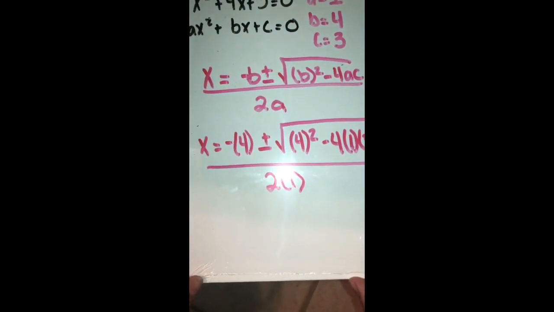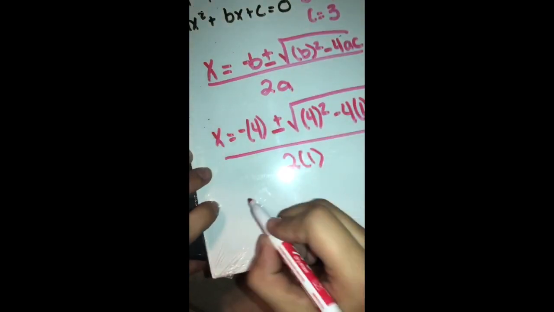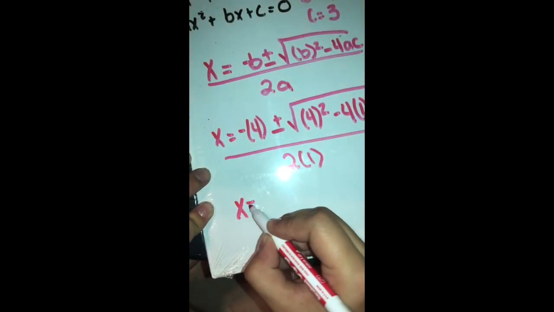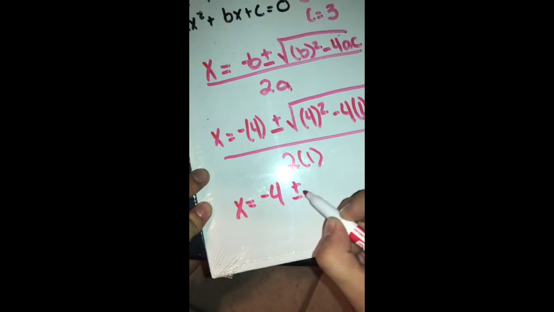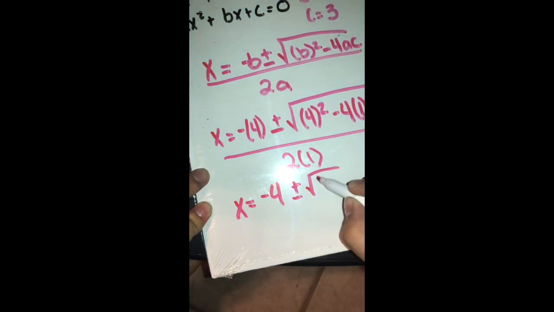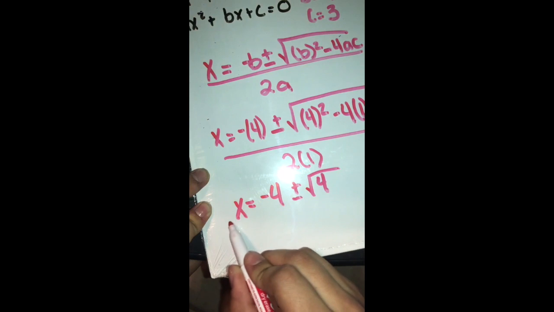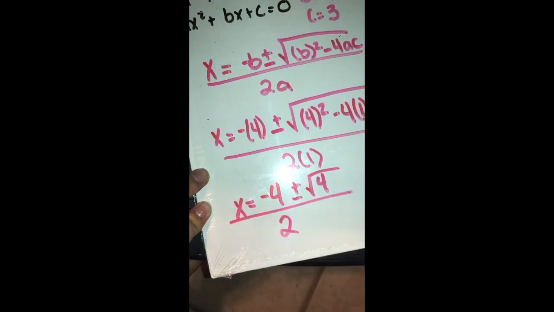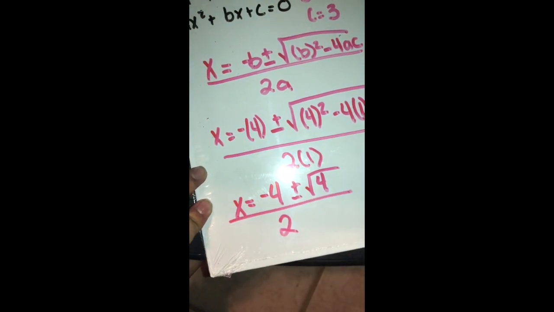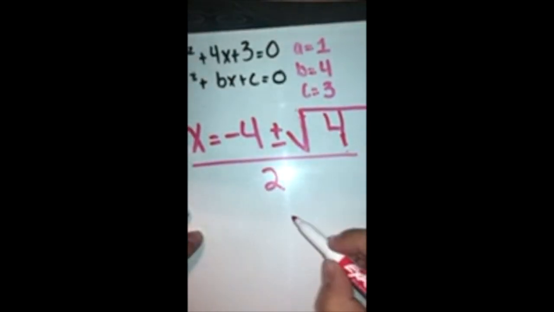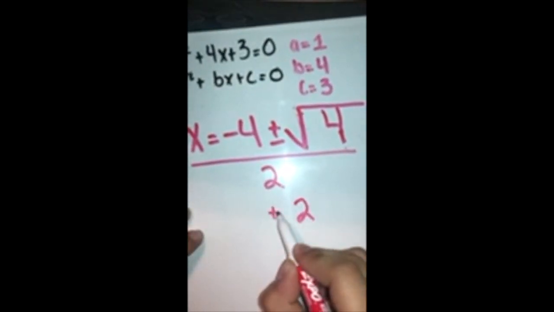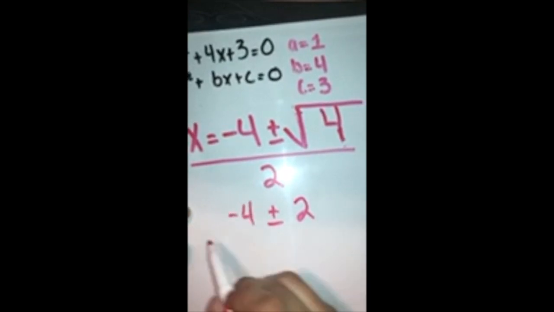Now once you've got that, you're going to simplify, which will come out to x equals -4 plus or minus square root of 4 over 2. So now the square root of 4 comes out to 2, so plus or minus 2 with the negative 4.